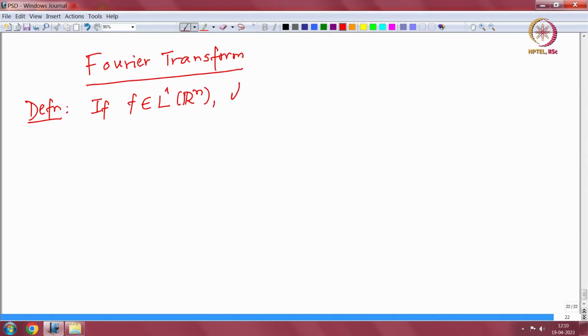Its Fourier transform is defined by, okay, so this is the notation.